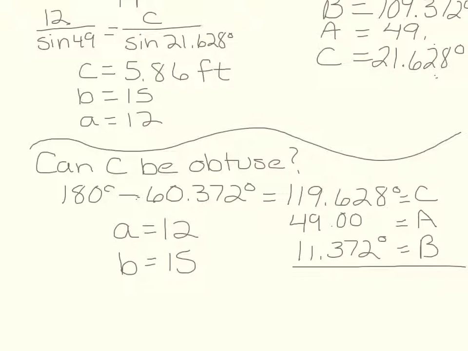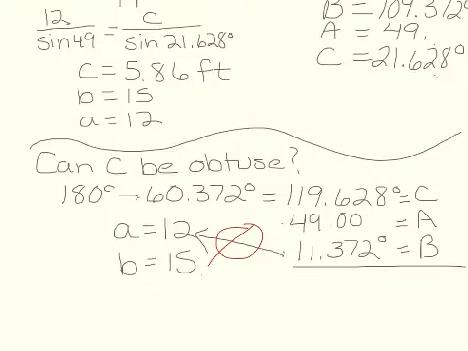And in this scenario, angle B is smaller than angle A, but side A is smaller than side B. So it doesn't work in the small, middle, large dynamic that has to happen. The smallest angle needs to be across from the smallest side, and that just doesn't work. Angle B is not across from the smallest side. So that makes this fail.